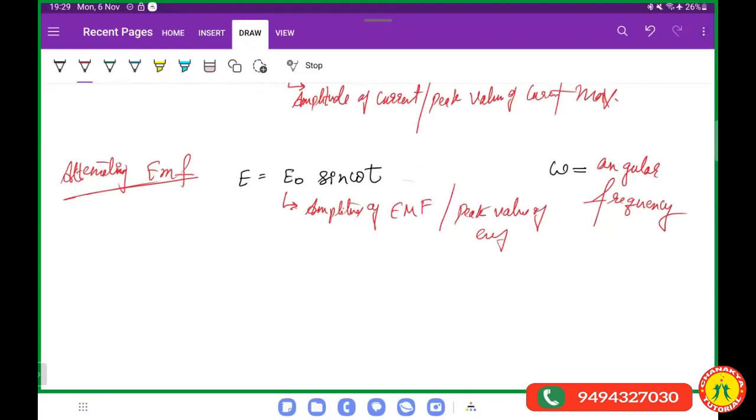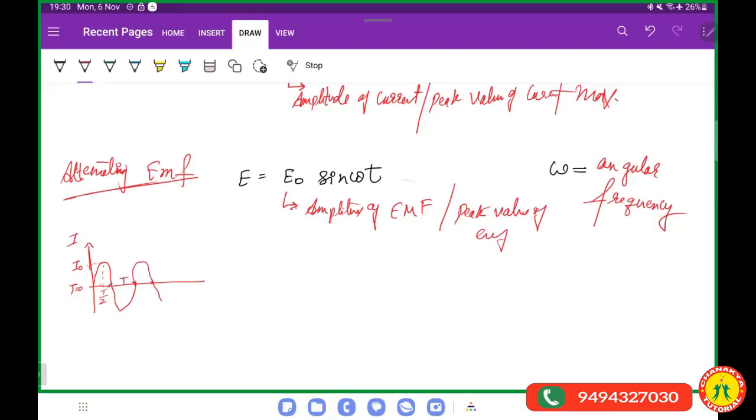So let's draw here. If I extend this one more, this is T, then what will be this one?